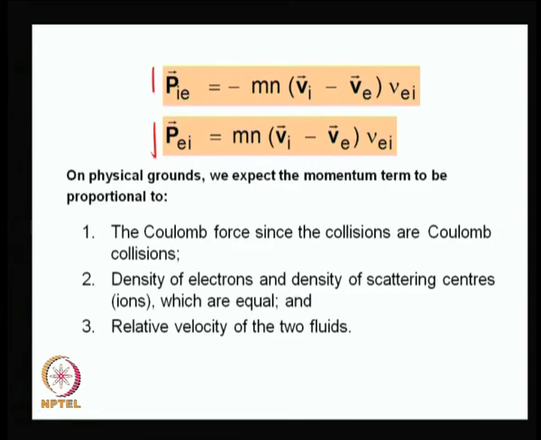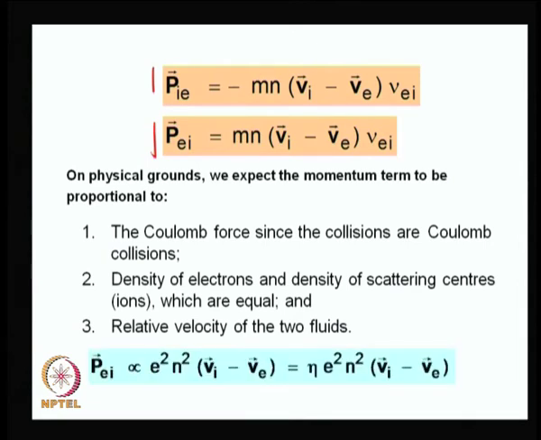Now, on physical grounds, we expect the momentum term to be proportional to three factors: the Coulomb force, since the collisions are Coulomb collisions, density of electrons, density of scattering centers which are equal, and relative velocity of the two fluids. So, let us take Pei proportional to e square n square and the difference of velocities.